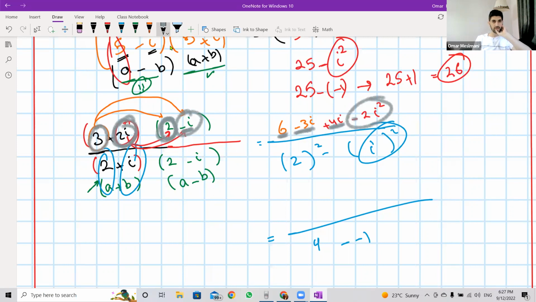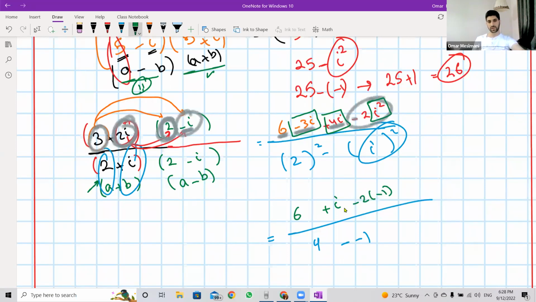Okay. Now, the 6, I'm going to keep the 6. I'm not going to touch it. Minus 3i plus 4i is just i. And I have an i squared, all right? What is the i squared? It's -1 again and again.